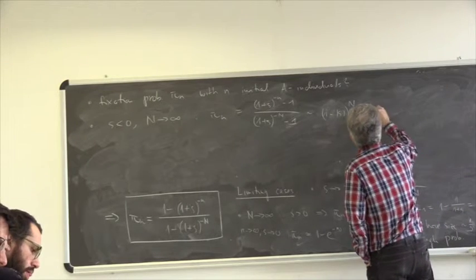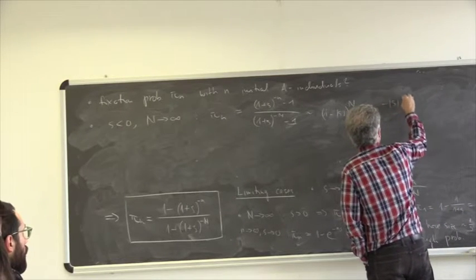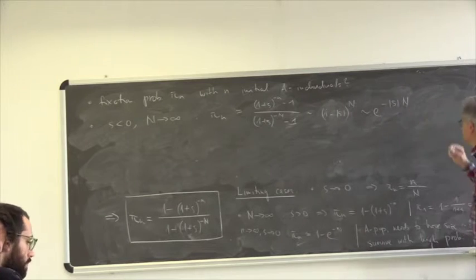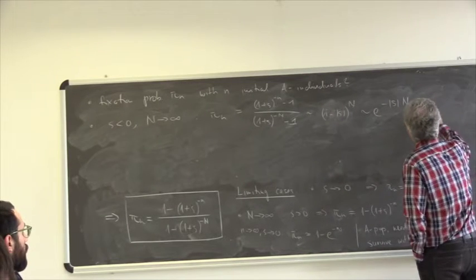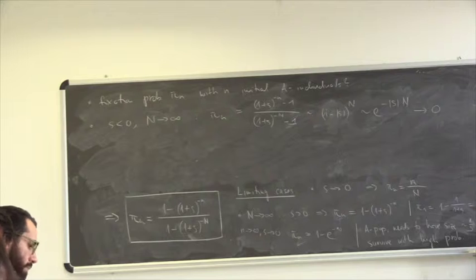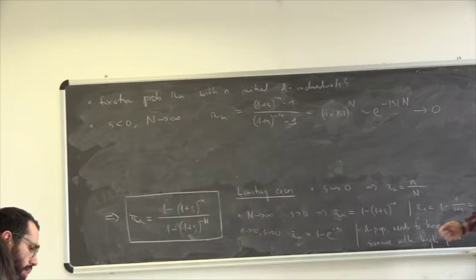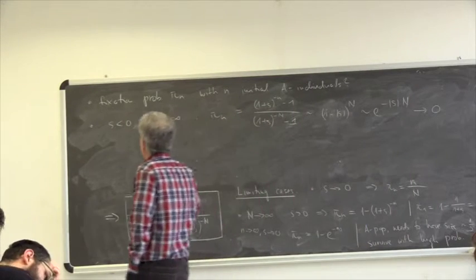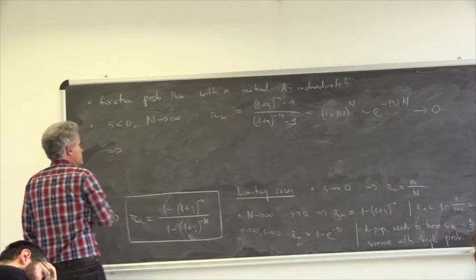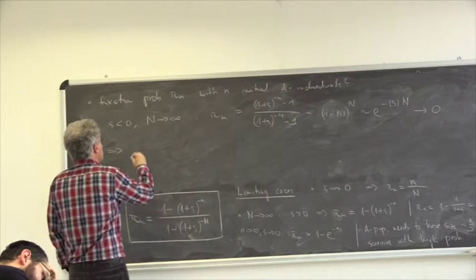And so this will be exponentially small in capital N. So this will go to 0. And so a mutation that decreases the fitness, a so-called deleterious mutation, will not be able to fix in a large population.